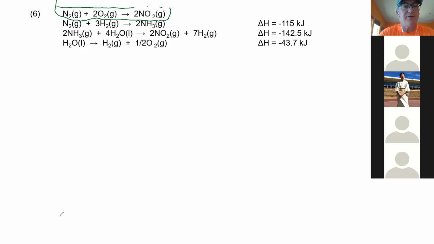So let's just start with nitrogen. From the second reaction, it's pretty clear that I got my nitrogen right there and I got the right amount of it. So I should probably just write that one out and just leave it for now. I think everything's a gas. Yeah, everything's a gas.